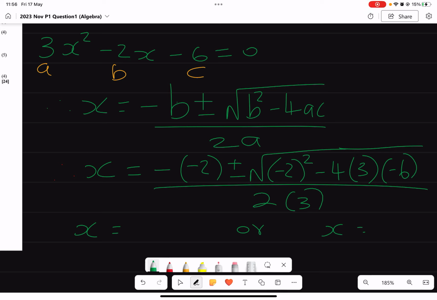Then we put our values: my a is 3, b is minus 2, my c is minus 6. So guys, the first answer I get is 1 plus square root 19, over 3. Then obviously the other one will be the same thing but with a minus here, 1 minus square root 19 over 3.